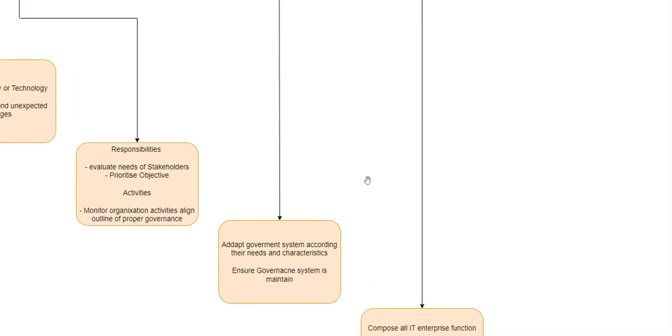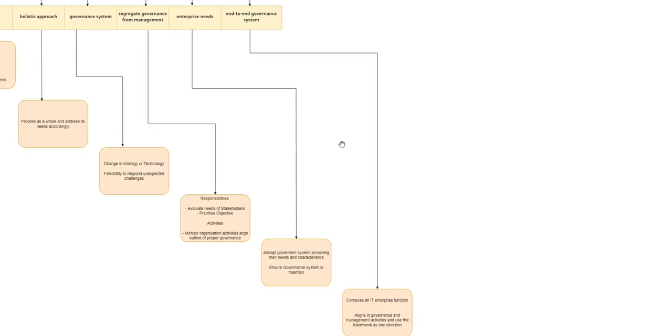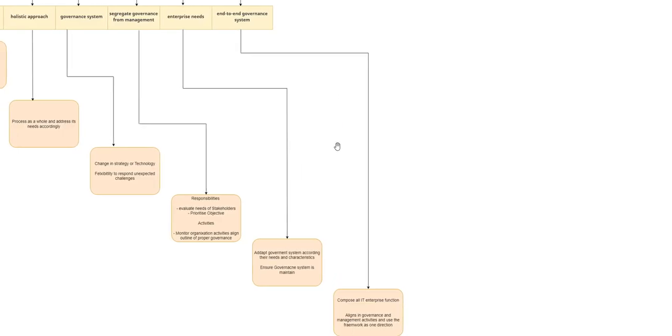Then the last one, end-to-end governance system. End-to-end governance system covers all IT enterprise functions. It means they will compile all IT functions into one package as a framework, so it aligns governance and management activities. Use the COBIT framework as one direction.